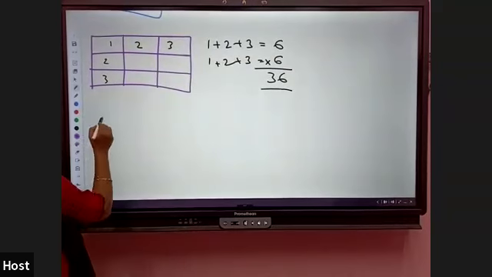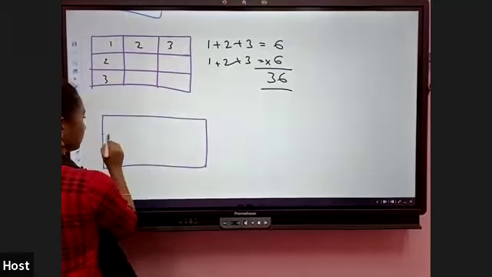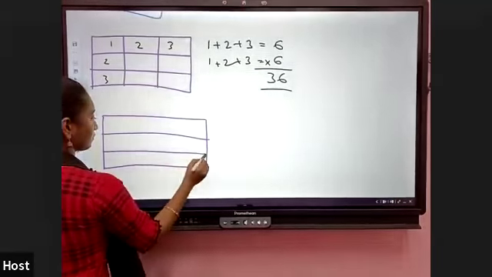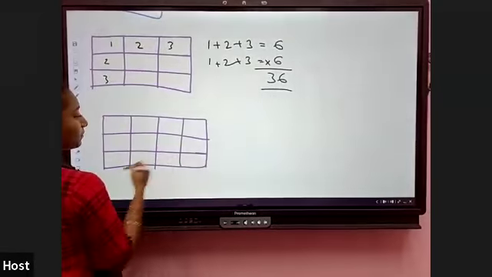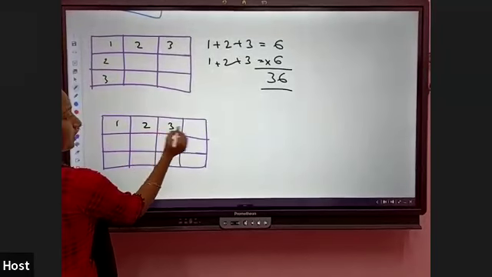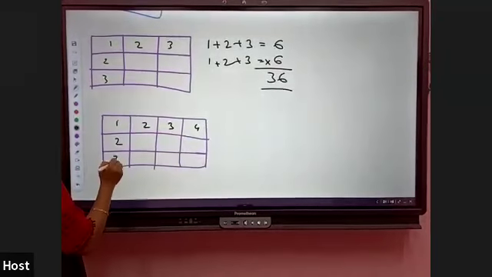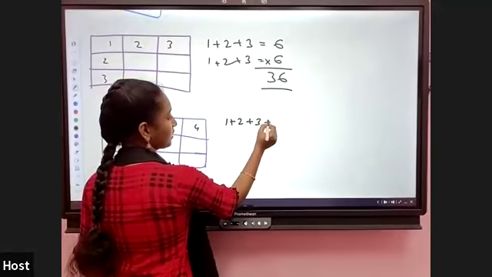Next, another figure. Here the number of columns is 1, 2, 3, 4. The number of rows is 1, 2, 3. So let us add 1 plus 2 plus 3 plus 4.